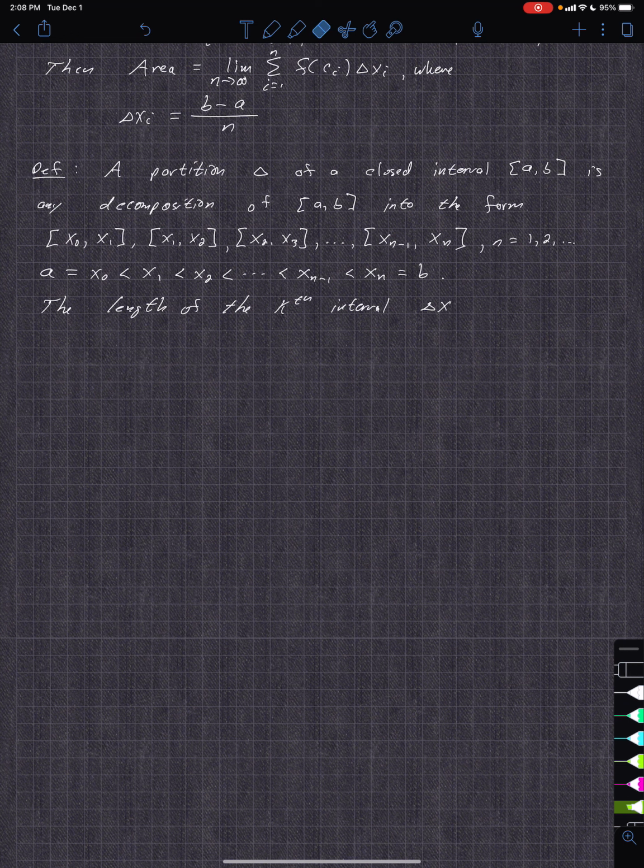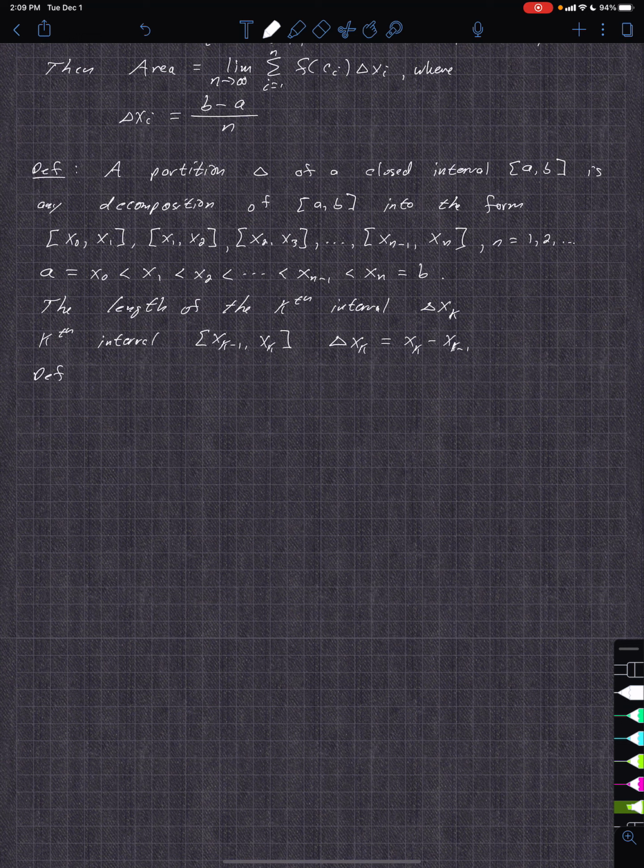So the length of the kth interval is delta x sub k, and your kth interval is your x sub k minus 1 to x sub k. So that's your kth interval. And it would make sense that delta x sub k is equal to x sub k minus x sub k minus 1. So it's the next one minus the previous.